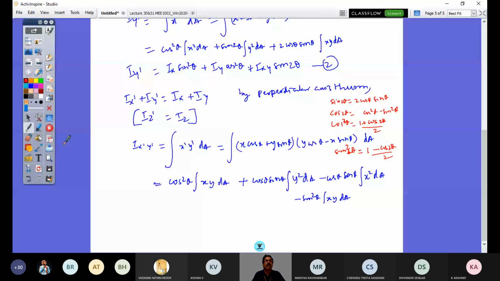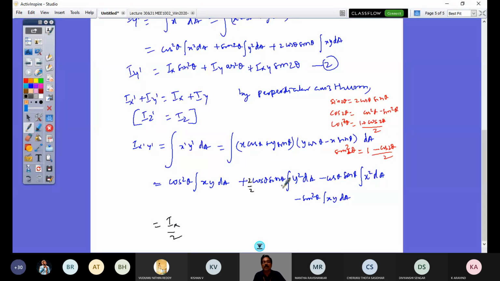These trigonometric relations you have already learned in mathematics, and you should use them. So if I use those, I can rewrite my equation for product of inertia as follows. It is going to be Ix by 2 sin 2 theta. Ix is integral y square dA, and the by 2 is because I put 2 and divide by 2, so that 2 cos theta sin theta is sin 2 theta.